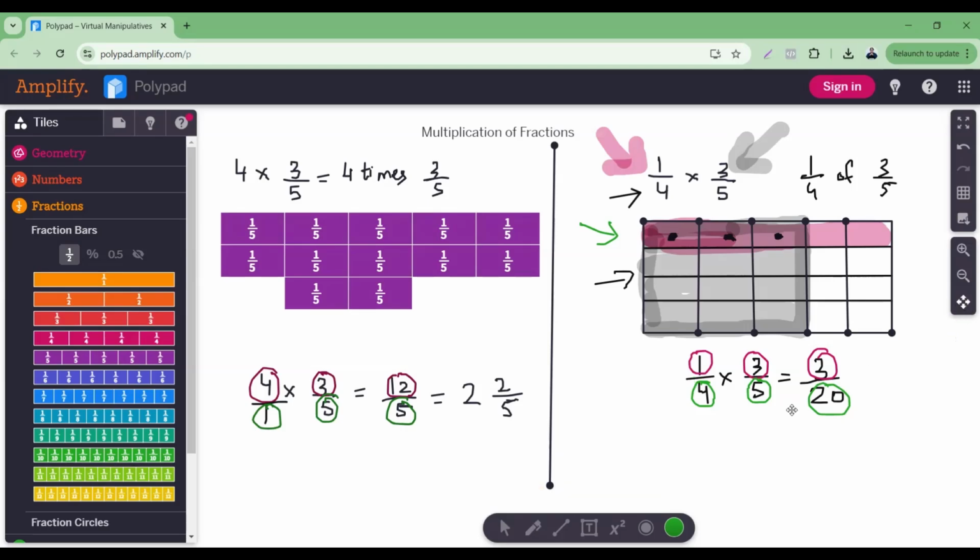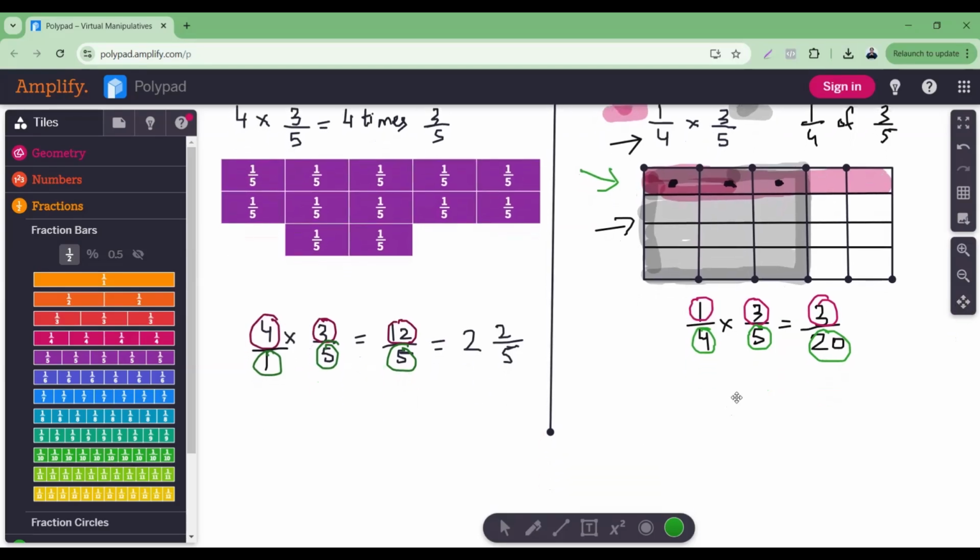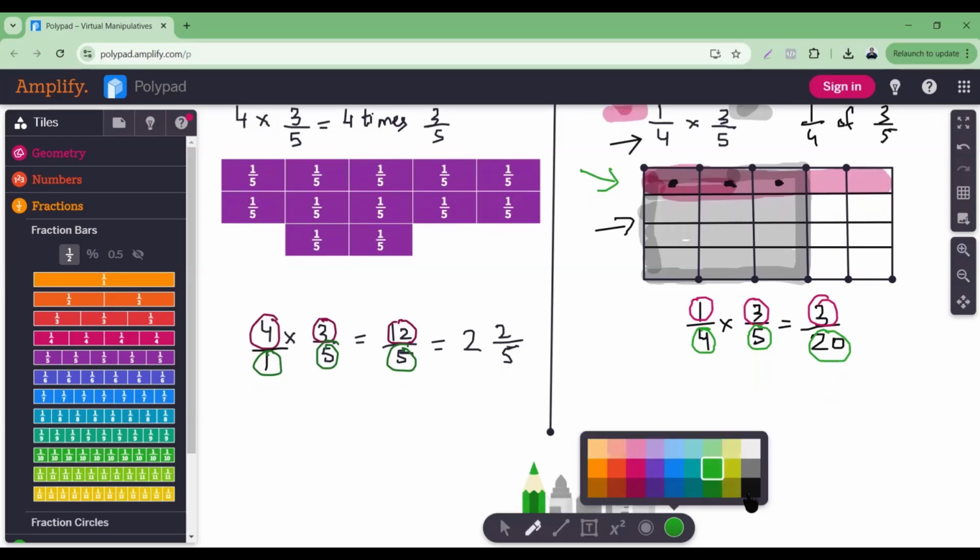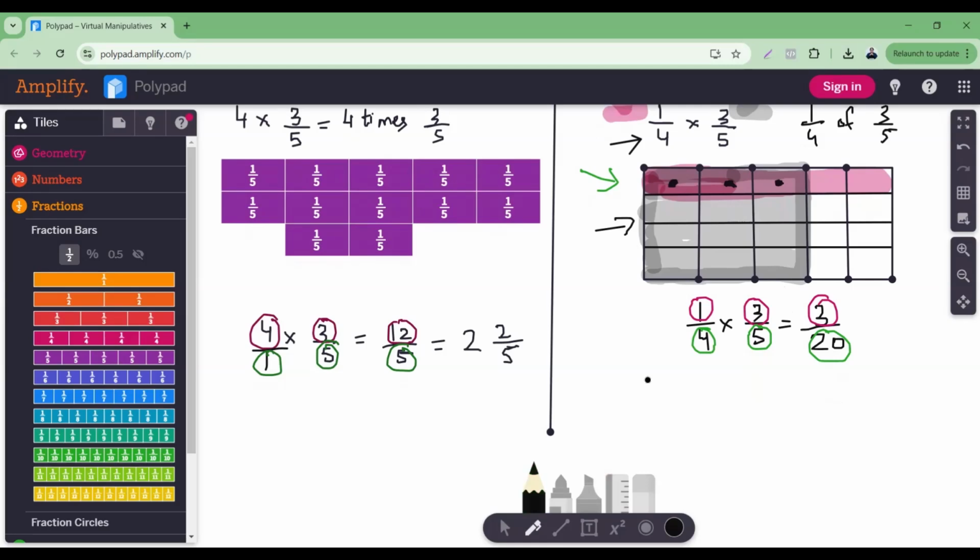Now, what I want you to do is try this question visually. Let's say 2/3 multiplied by 3/4. Try to do it in this format.